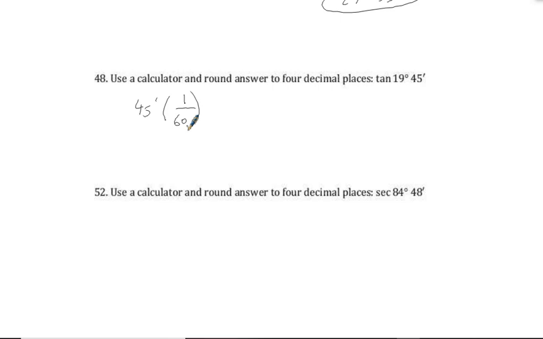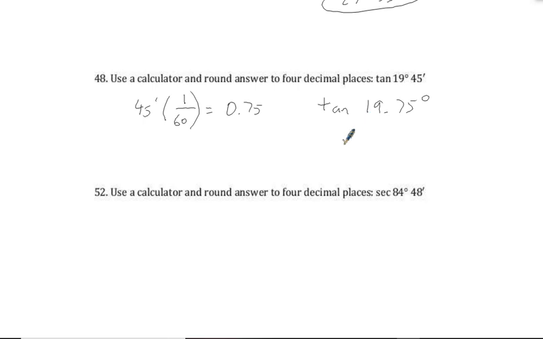And since I'm trying to get back to degrees, this is why we're doing that. So that's going to be 45 divided by 60, or 0.75. Meaning the question here is really asking us to type into the calculator the tangent of 19.75 degrees.